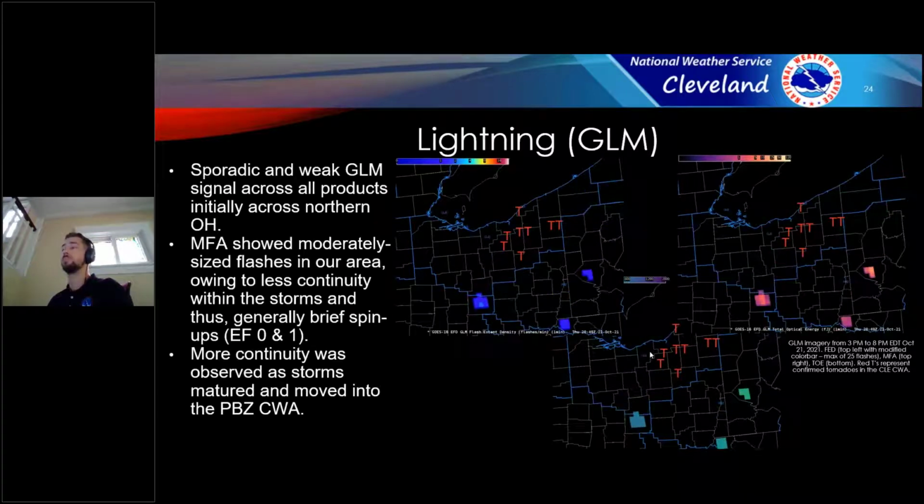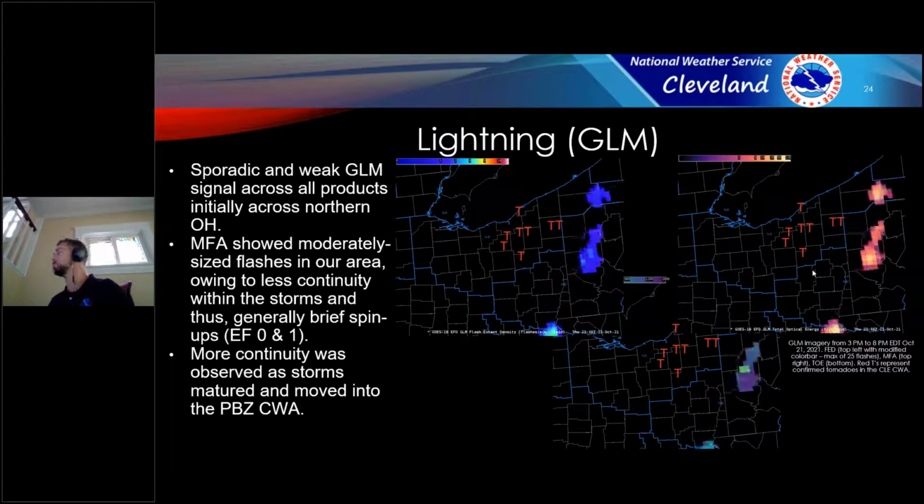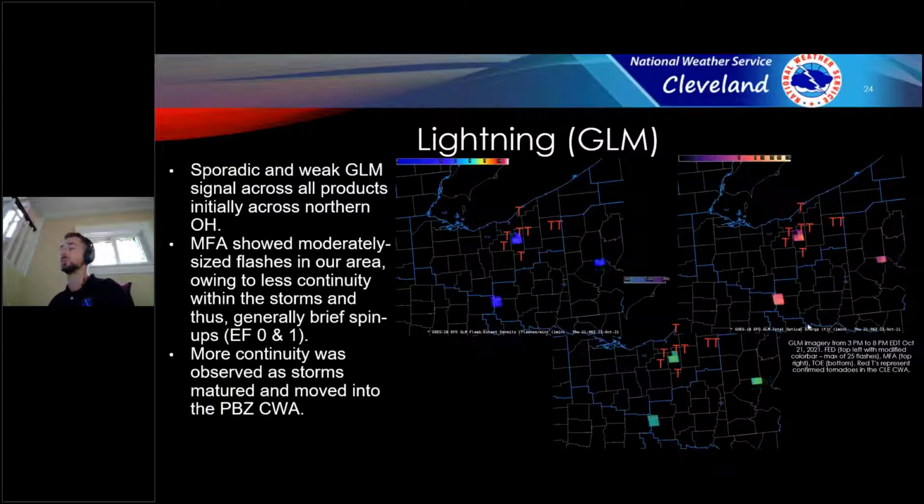Minimum flash area more to sort of see where those smaller new updrafts are in relation to some of those larger flashes, which may suggest a more mature and weakening storm. Now, total optical energy in the top right, I've been still trying to find some utility for that, but it seems like you could get a lot of false alarms with that product if used by itself.